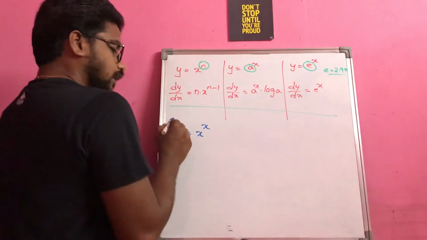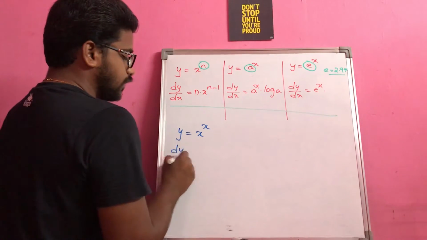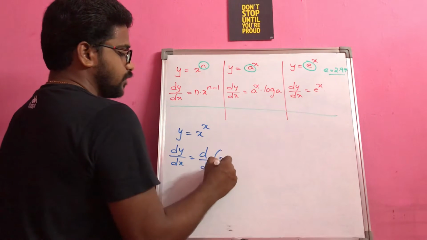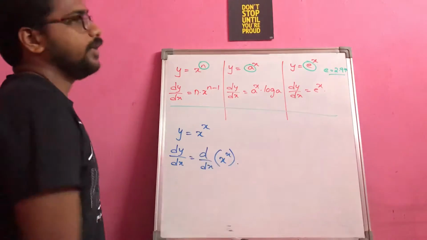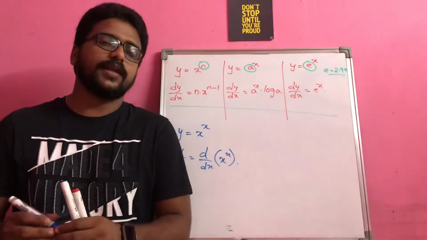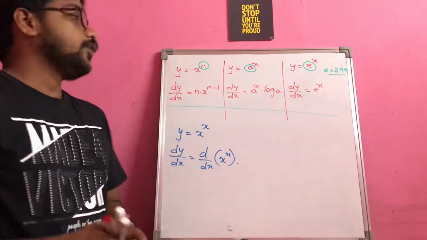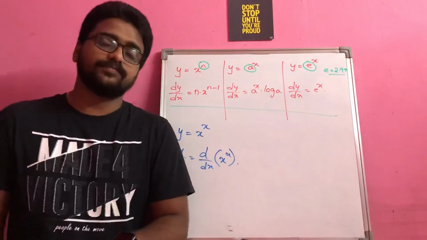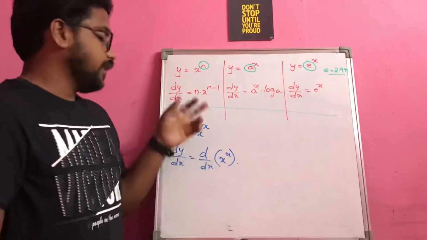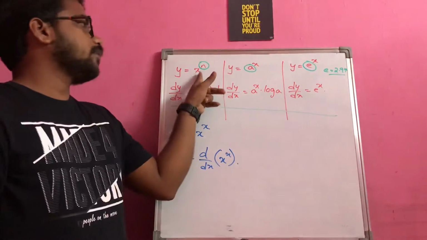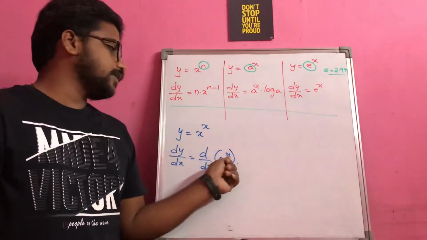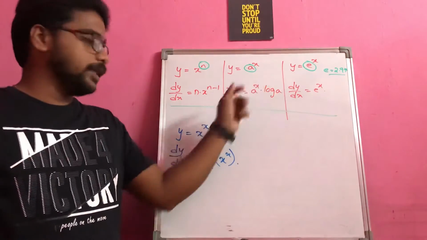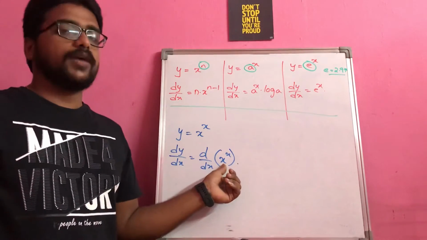Now see, if I ask you to find the differentiation dy by dx, you will apply differentiation on both sides, you will be getting d by dx of x power x, right? But actually you cannot apply any of these formulations to get the answer. Why? Because in this formula power is a constant, whereas power is a variable here. In this formula base is a constant, whereas base is the variable here.